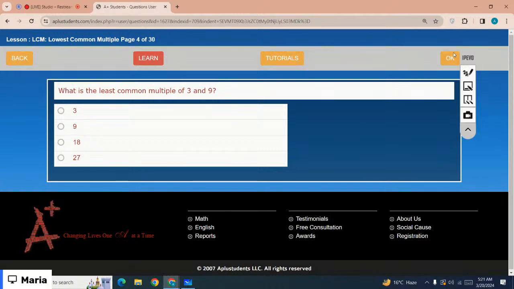What is the least common multiple of 3 and 9? Which is the correct option?